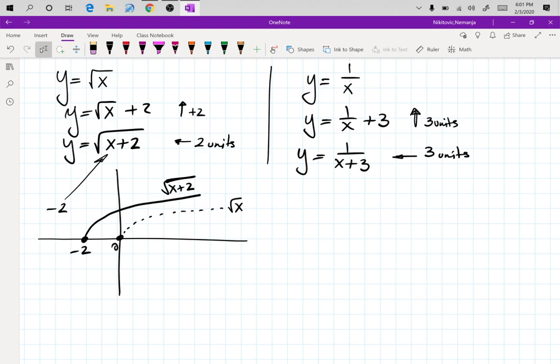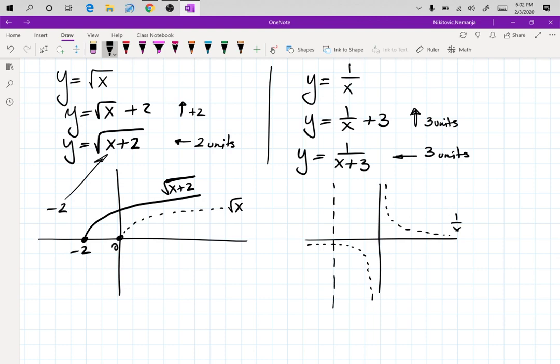Let's take a look at this one. 1 over x is the line like this. And that's 1 over x basic. And then plus 3 shifts everything to the left 3 units. So we will draw this vertical line called the vertical asymptote.